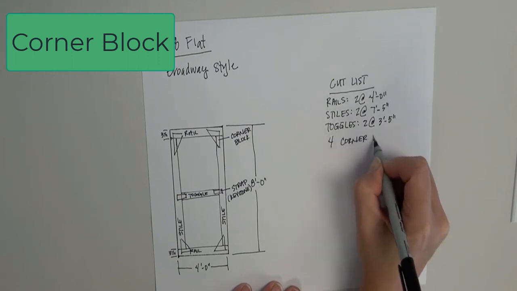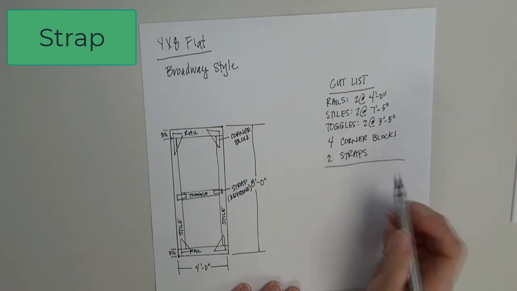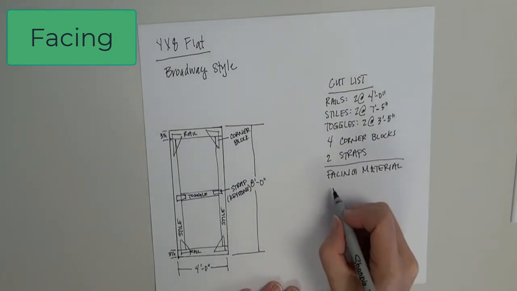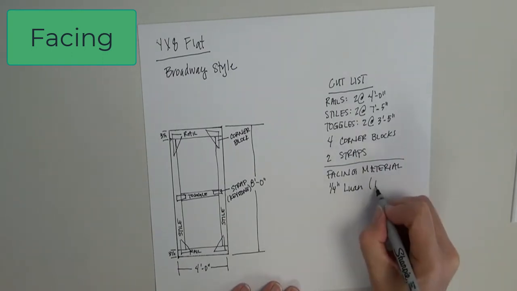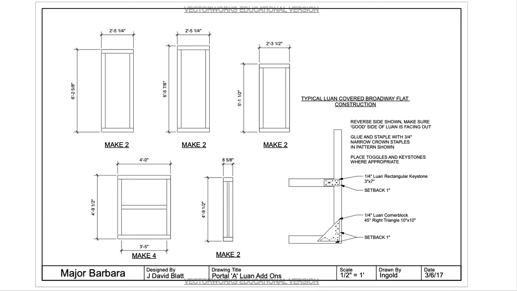In order to hold the flat together, we do need our 4 corner blocks. We need our 2 straps, and then we also need a facing material, which typically we're going to use a 1/4 inch Luan, which comes in a 4x8 sheet. Now you have an understanding of how to build a very basic 4x8 flat.